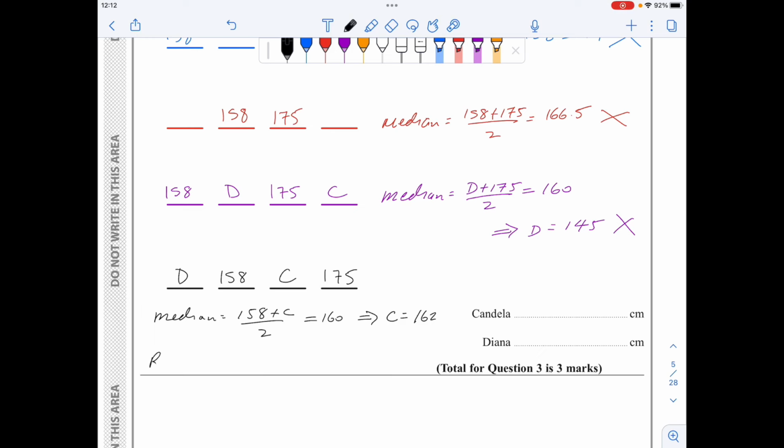And also using the fact that the range is 21, this implies that 175 minus 21 will give me D. So D is equal to 154, which is less than 158. Hence, Candela is 162 centimeters and Diana is 154 centimeters.